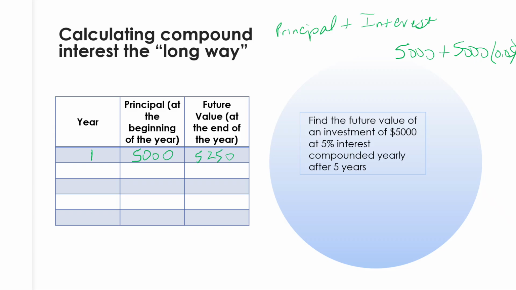So year two, well, our beginning balance is that 5,250. Now, in order to find our future value, we take the 5,250, but now the interest that we add to it is the interest on the 5,250.